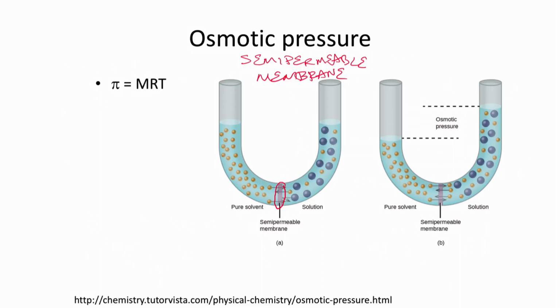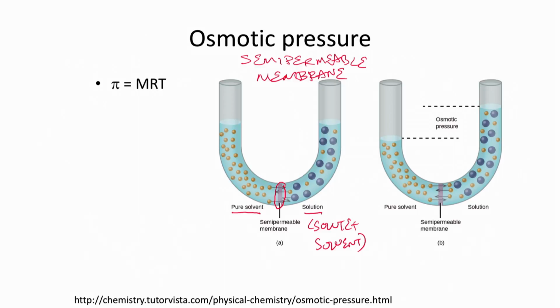On one side, I'm going to have just pure solvent, maybe water molecules. On the other side, I'm going to have a solution, so this is solute and solvent. And this semipermeable membrane separates the two sides from each other.